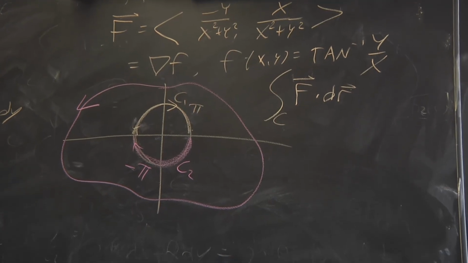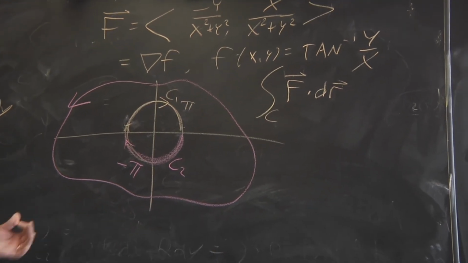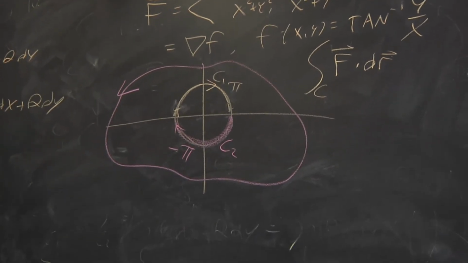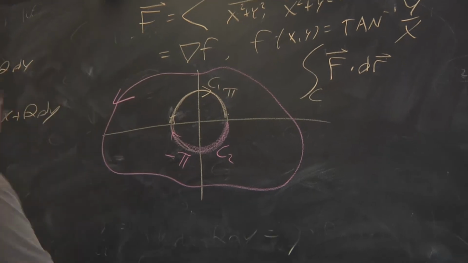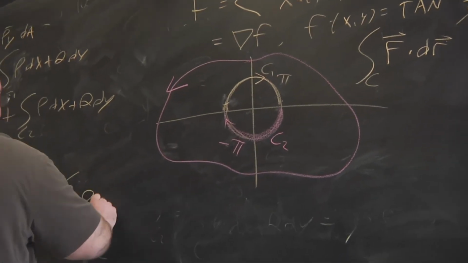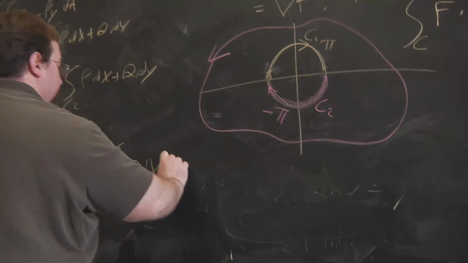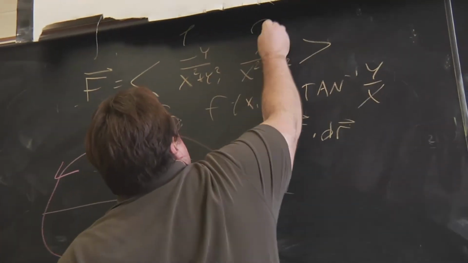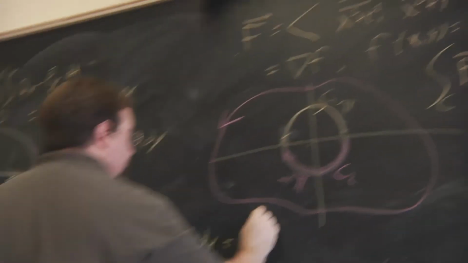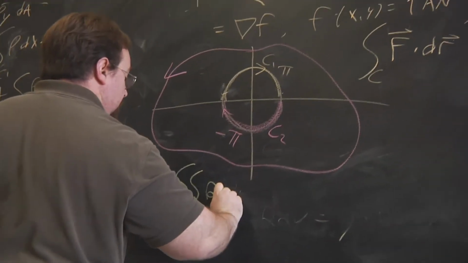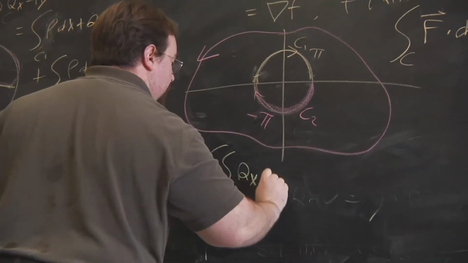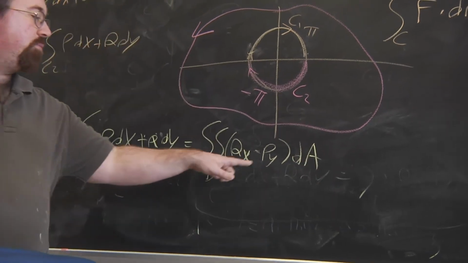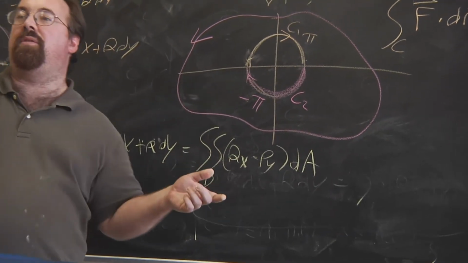This region satisfies the conditions for Green's theorem. So the integral of whatever vector field, including this one, with functions P and Q, is equal to the double integral of Qx minus Py dA.